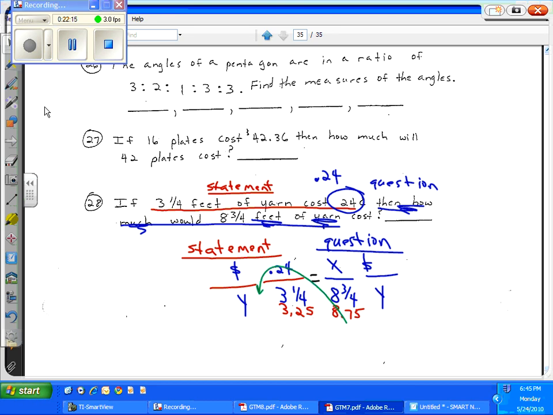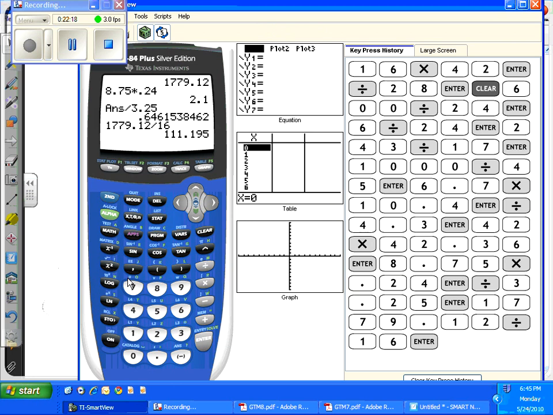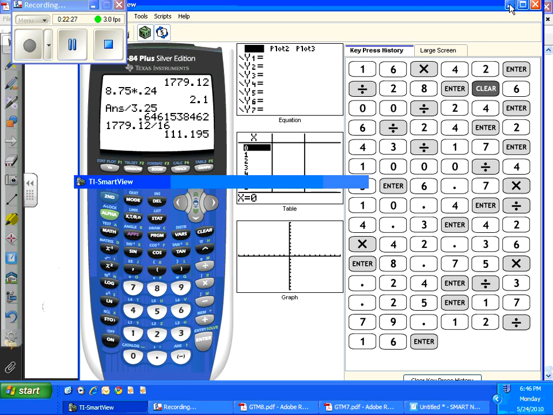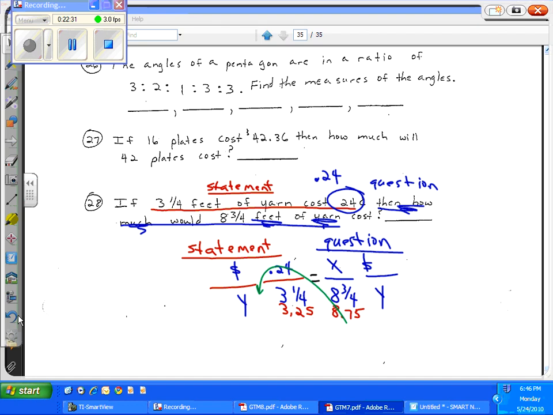So we're going to go 8.75 times 0.24. We'll let the calculator help us here just for time's sake. 8.75, do you see it there? Times 0.24 is 2.1. Is equal to 3.25 times x is 3.25x.